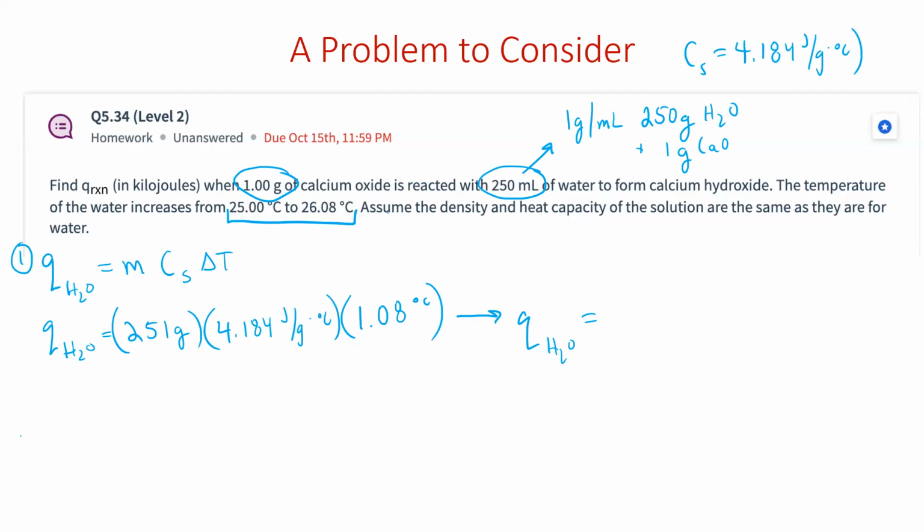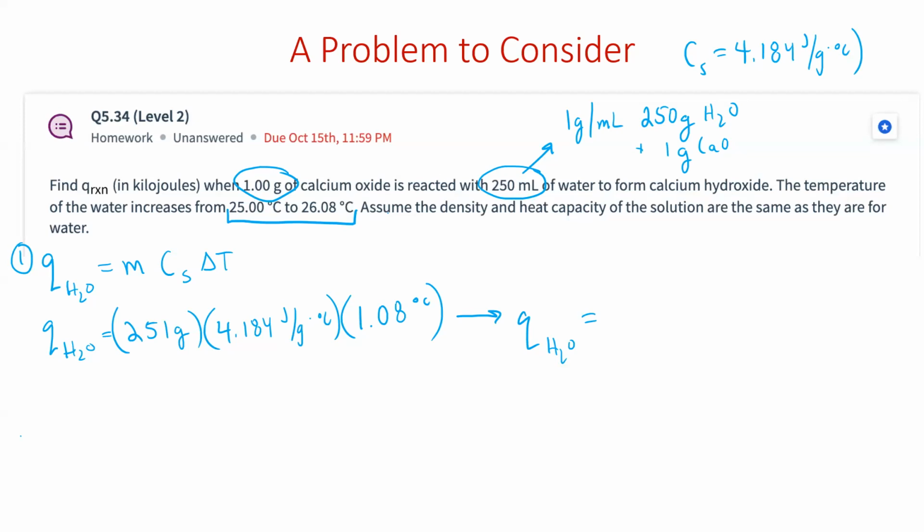Was that your question, Gustav, as well? How did we get 250 grams? We have 250 milliliters of water, and water is 1 gram per milliliter. So we have 250 grams of water, and we have 1 gram of calcium oxide. So our total solution is the mass of the water plus the mass of the calcium oxide.